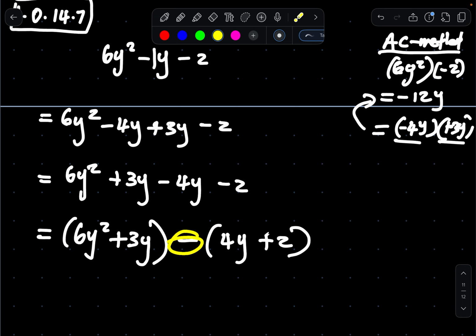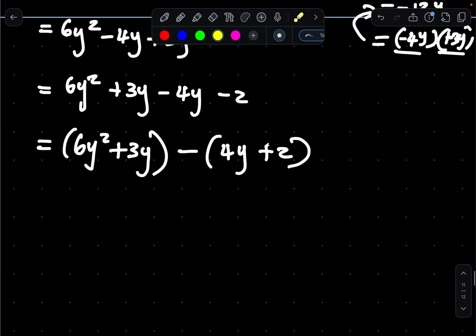If this one is the negative, the last one must switch. Or in simple terms, you must know that this one stays the same. This one also stays the same. But this sign and that one, when you multiply them, must give you that one.